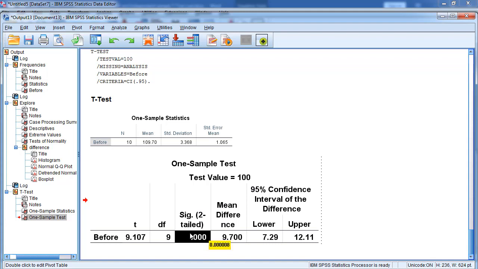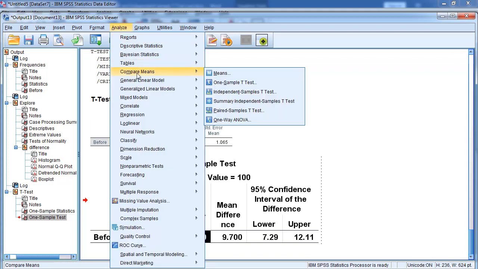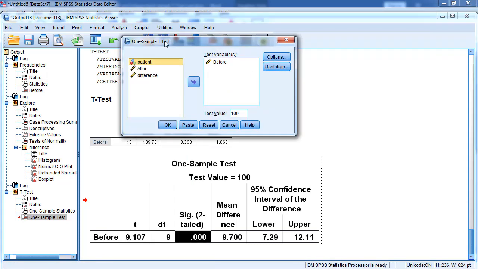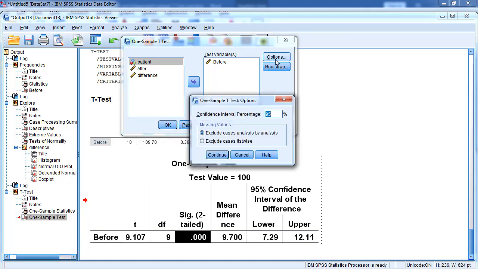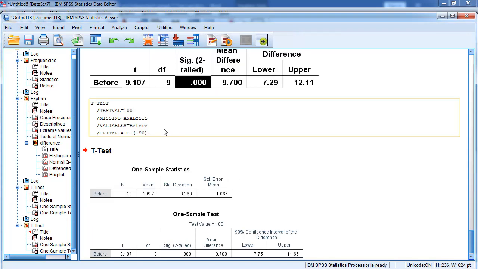Here we can change the confidence interval from 95 to 90, and then from 90 to 99%. It gives us a wider range. Just one extra point here: I go to Analyze, Compare Means, One-Sample T Test. I leave everything as it is. Under Options, change 95 to 90. Press Continue and OK.